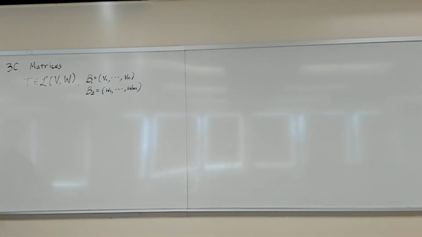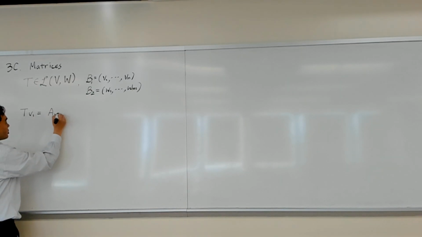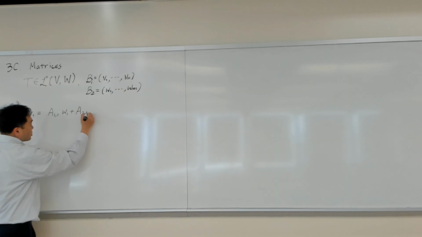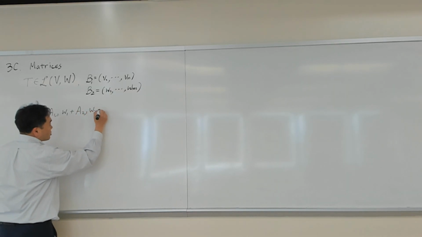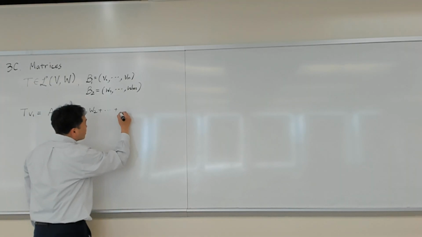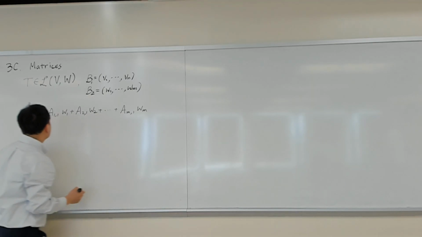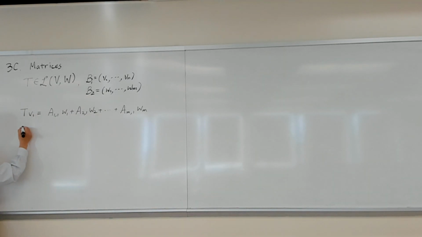In such a case, if we have T of V1 represented as, say, A11 W1 plus A21 W2, and so on, Am1 Wm, and you do that for the next one.